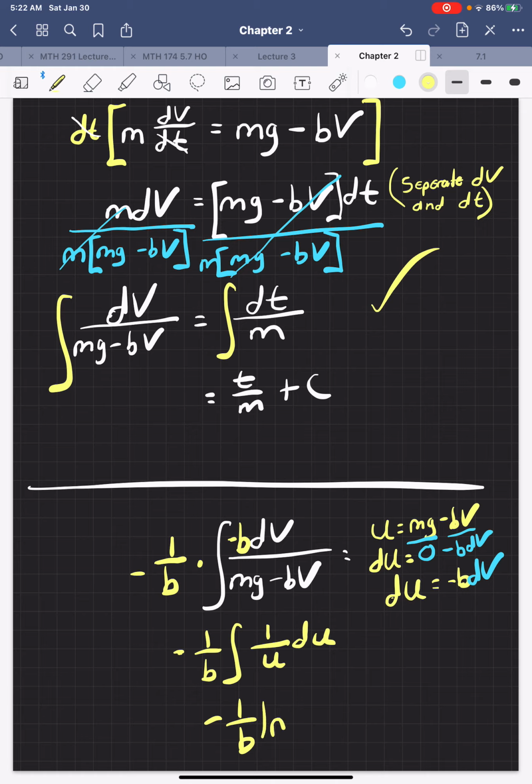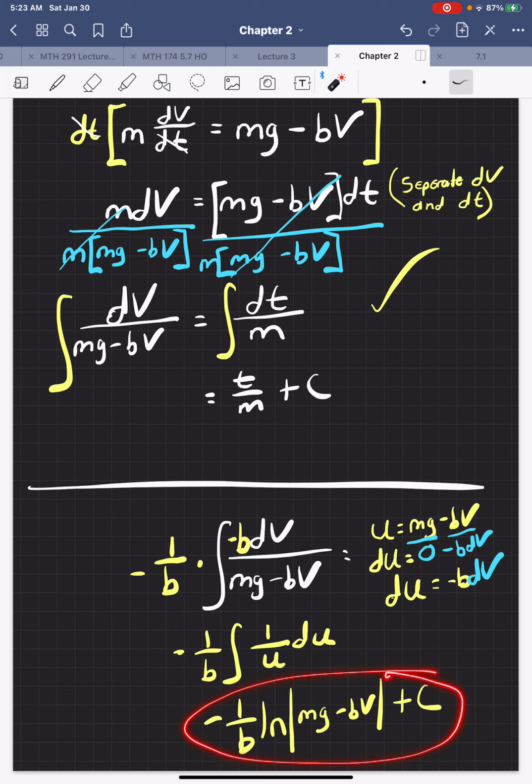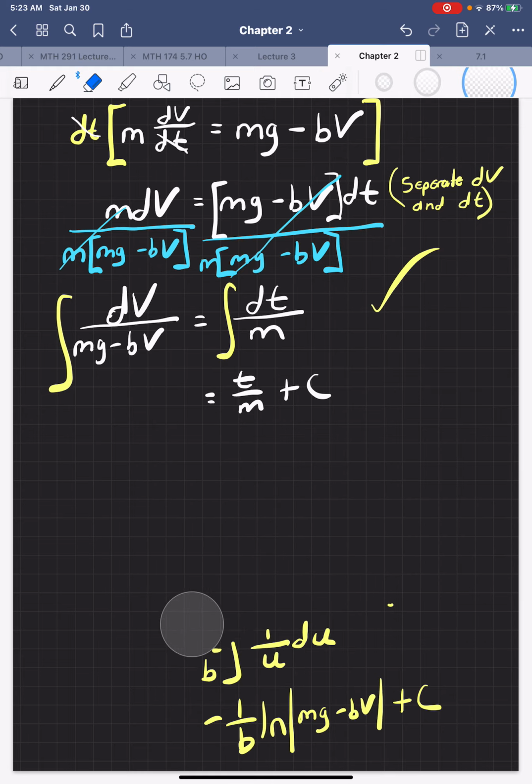So this is going to be ln of u, and I'm going to back substitute for u. And again, I'm going to put plus c for right now, but this is going to be the left side of that equation. So let me erase everything except that solution.